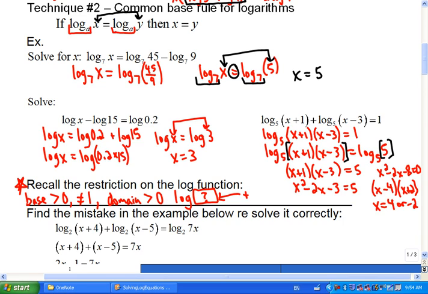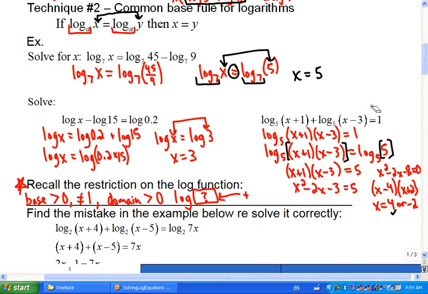So if I think about what I've got here, 4 won't cause me any problems because 4 plus 1 equals 5 and 4 minus 3 equals 1, both positive, so 4 is going to work.